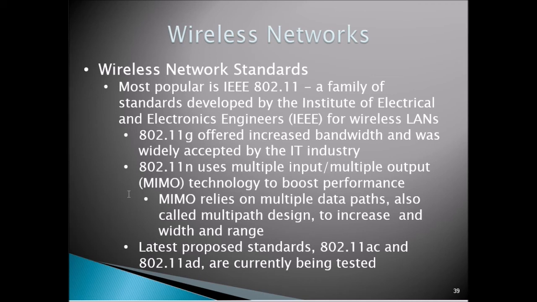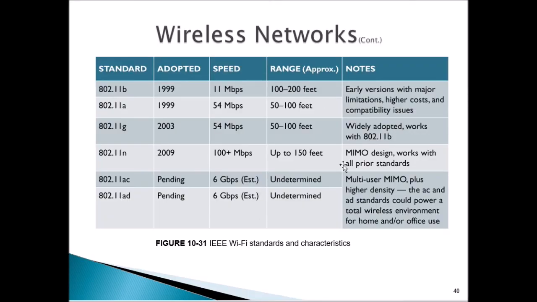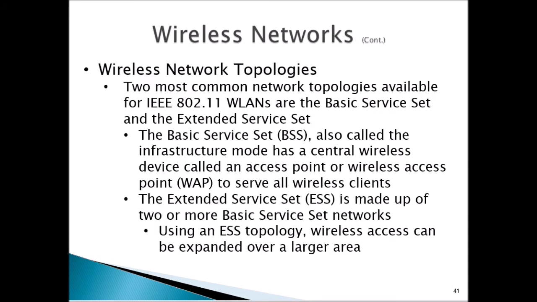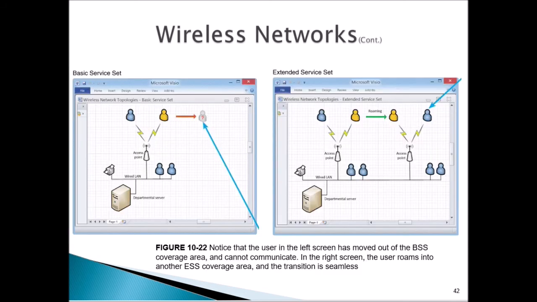I'm not going to go into the sub-letters here because this is an old text and these slides might be out of date. This information is accurate, but it's probably not up to date, so I'm going to skip past that. I'm going to keep skipping through the wireless network material. I want you to look it over, but know that it might be a little bit out of date.